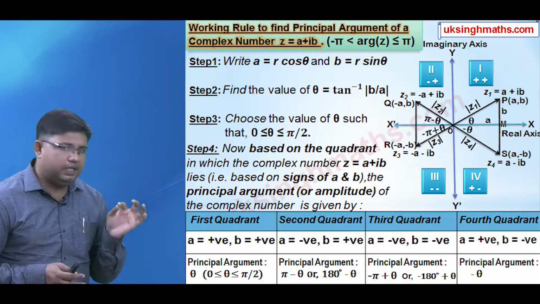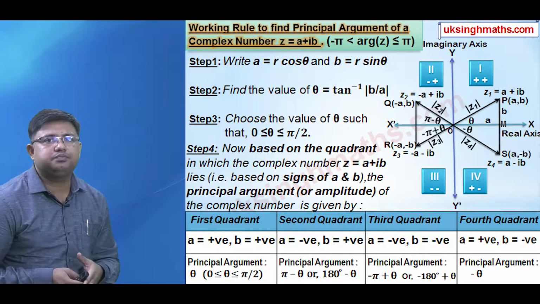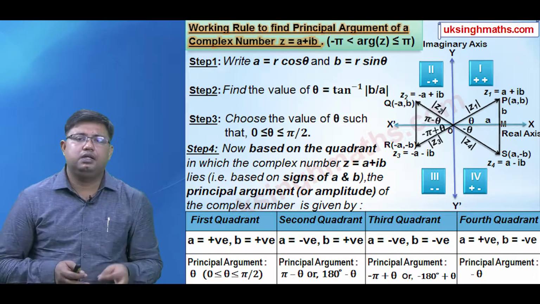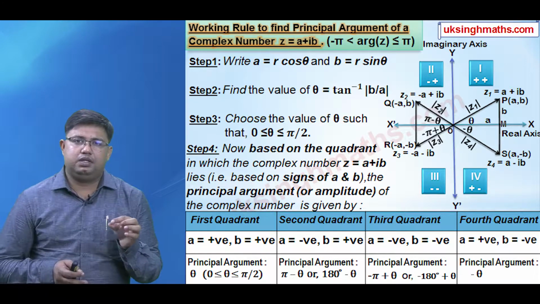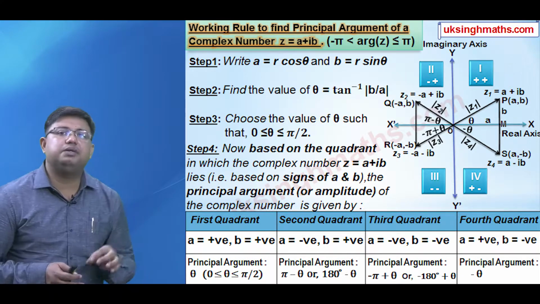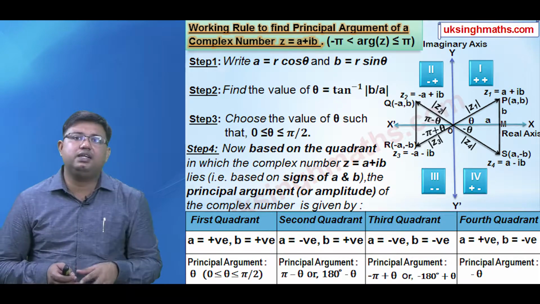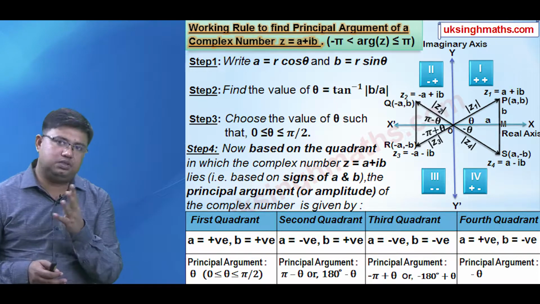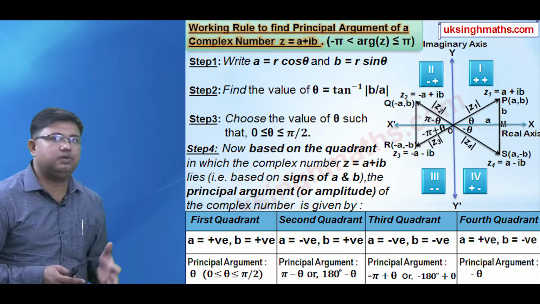Here also put a equal to r cos theta and b equal to r sin theta. In step 2, find the value of theta equal to tan inverse absolute value of b by a. And since theta is a multi-valued function over here, choose the value of theta which satisfies the inequality theta is greater than or equal to 0 and less than or equal to pi by 2, or 0 to 90 degree.